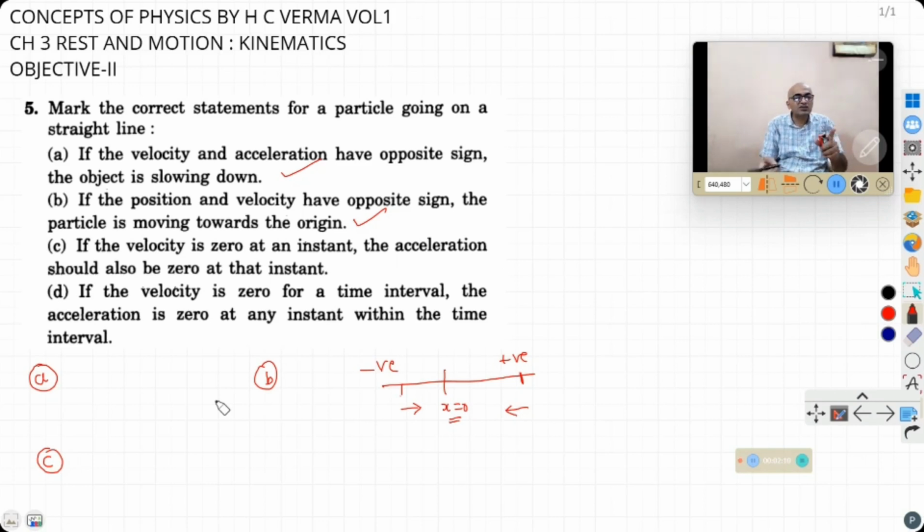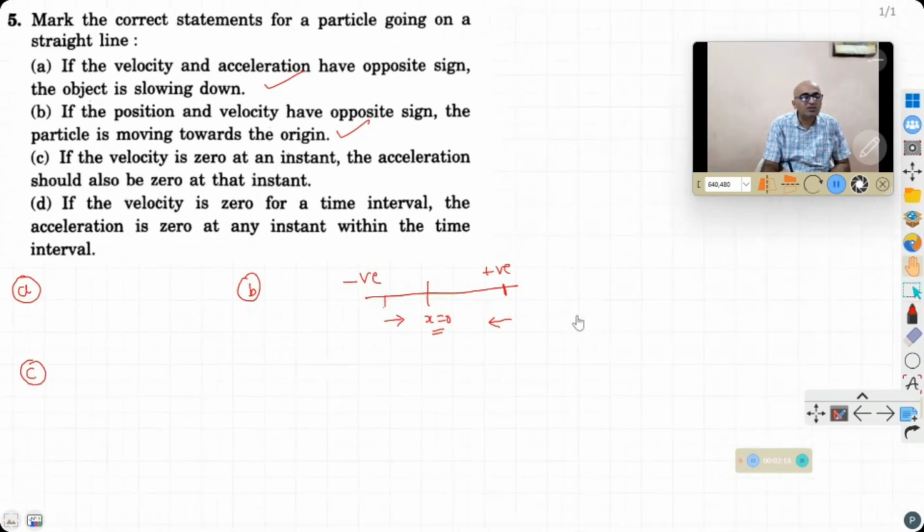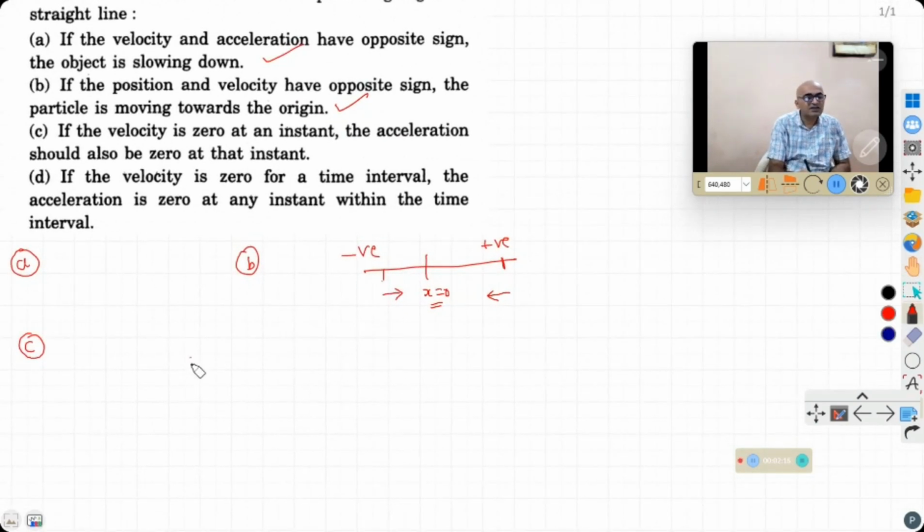So the requirement that if velocity is 0 at an instant, the acceleration should also be 0 at that instant is not correct. We can say like this, that this is the upward motion, this is the highest point. At this point, velocity is equal to 0, but acceleration throughout is not equal to 0.